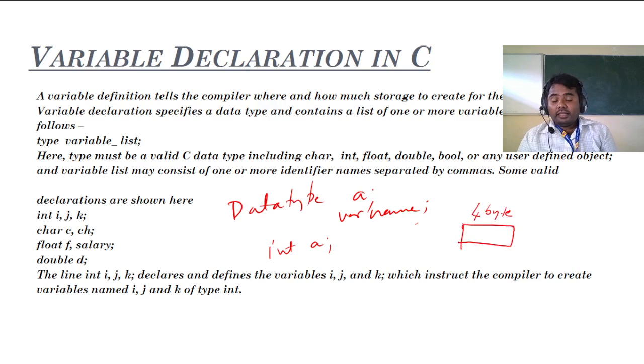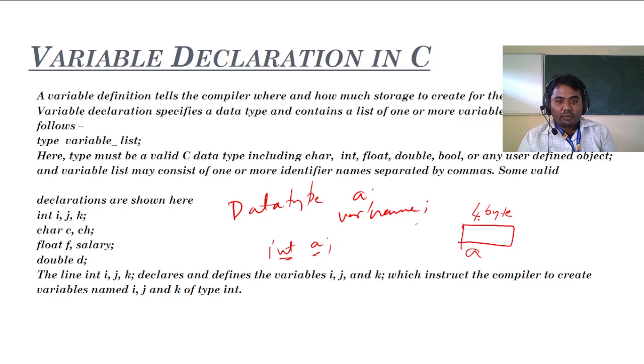As we discussed earlier, the data type specifies two things: the size of the memory location, and the type of value which we can store. So int will allocate 4 bytes of memory, that is 32 bits in terms of bits. And here a will be the name of the memory location.